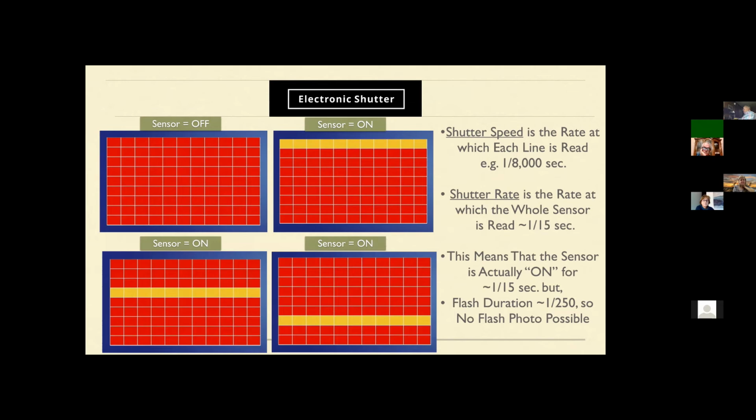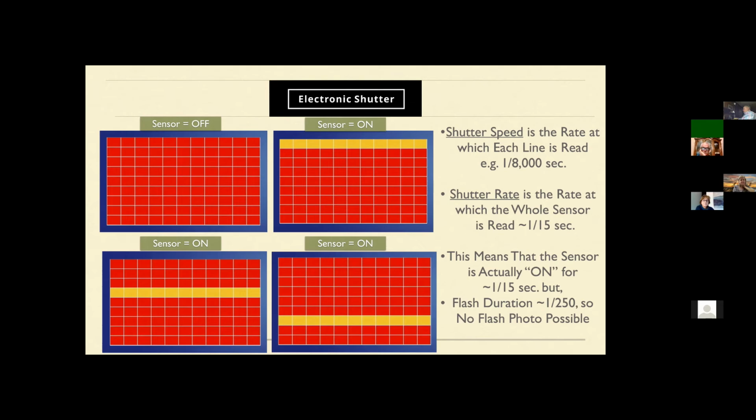So the key thing about electronic shutters is that each line of the sensor is read line by line. And it's read, by the way, at about 1/8000th of a second. That's the shutter speed at which the line is read. But the speed at which the whole sensor is read is called the shutter rate. And believe it or not, that's only 1/15th of a second.